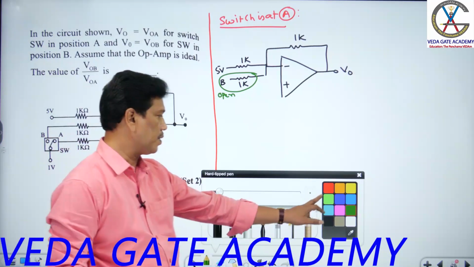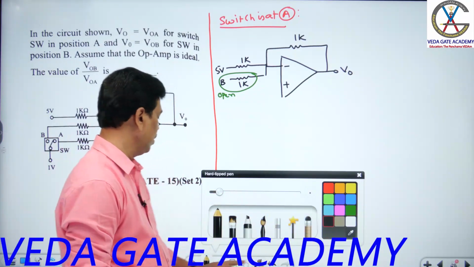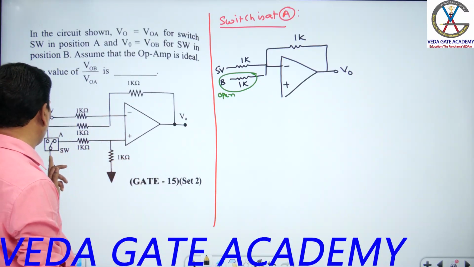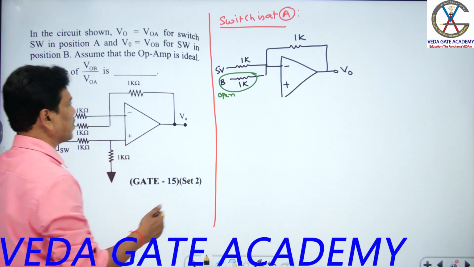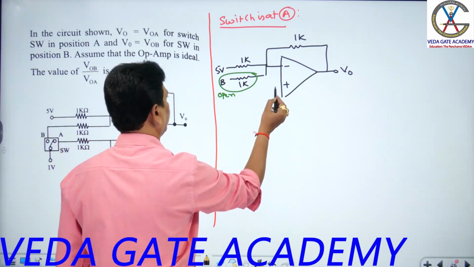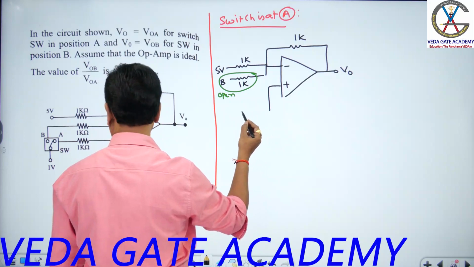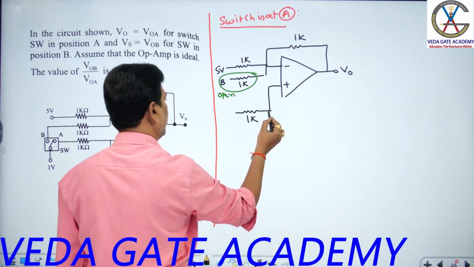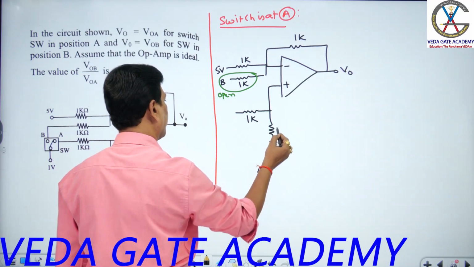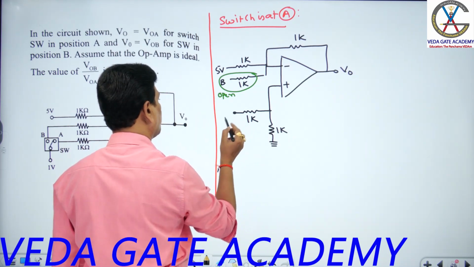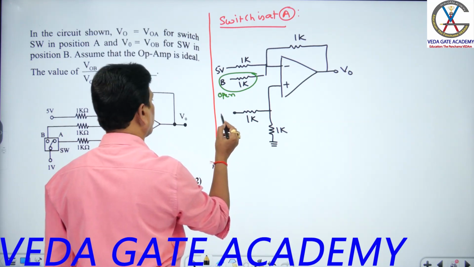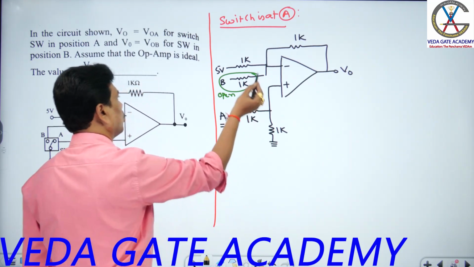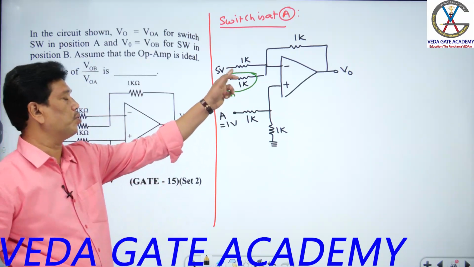Now come back to this condition, non-inverting. This is 1K, this is 1K. Switch is at A, so 1 volt is connected. A connected means that equals 1 volt. The corresponding resistance is no use because it is open.